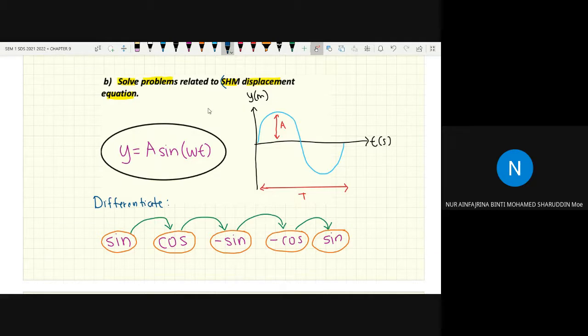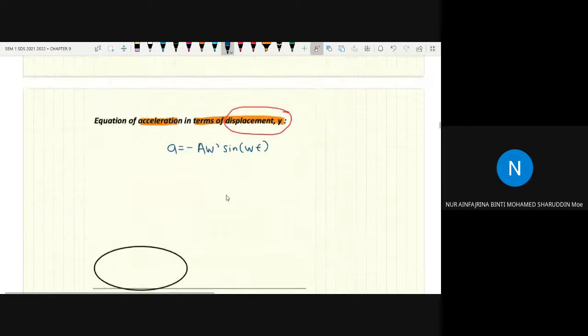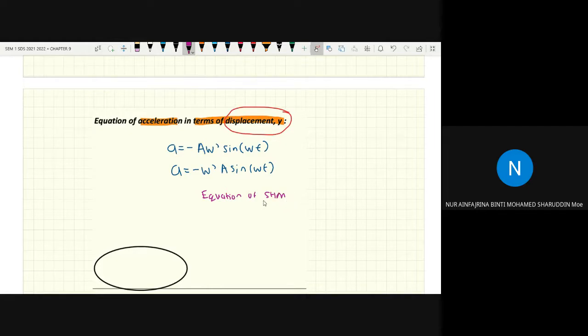Okay, korang tengok macam ni Miss buat. Miss susun balik equation ni, Miss akan dapatkan dia negative omega squared a sin omega t. And kita tahu equation of simple harmonic motion displacement adalah y equals to a sin omega t.